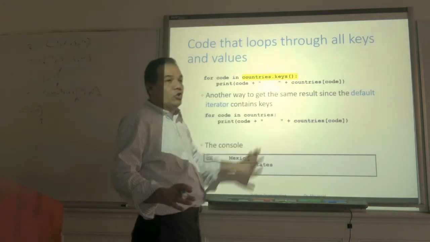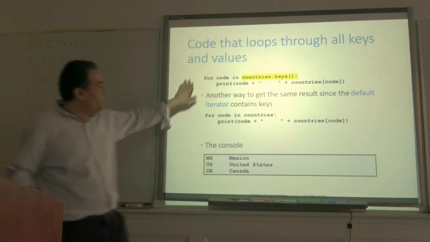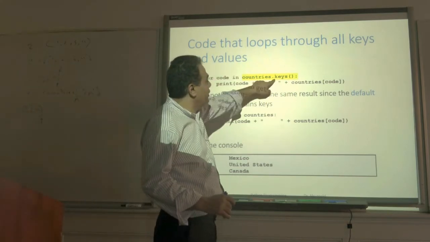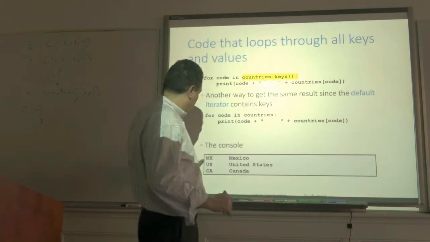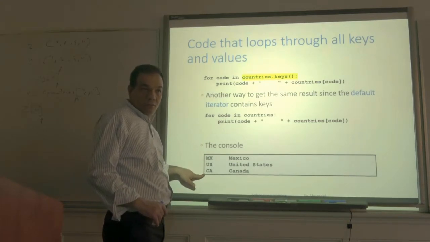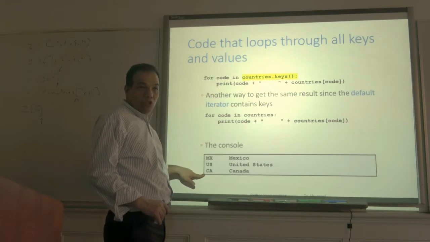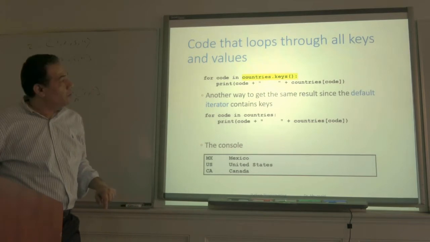The keys of the dictionary. If I print countries.keys, what does it print for me? MX, US, and CA, the keys.